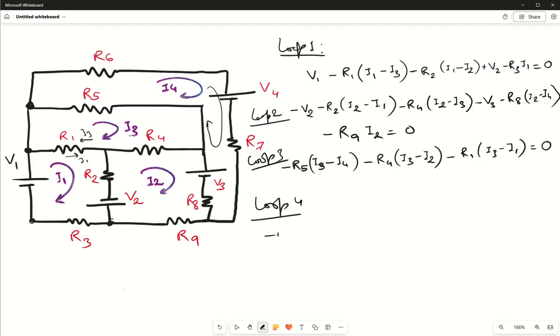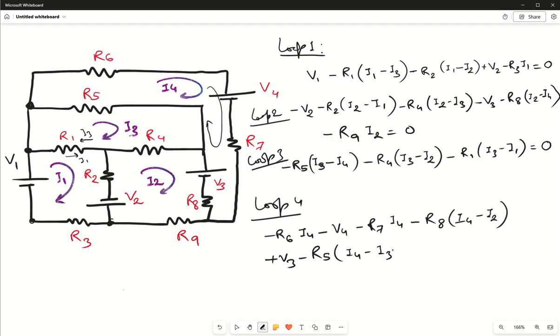So for that point, it will be R6 I4 minus or plus, this will be minus V4, then minus of R7 into I4, then we are having minus of R8, and it will be I4 minus I2, then V3 is positive because we are going from negative to positive, then coming back to minus of R5, and it will be I4 minus I3 equals to 0, okay.